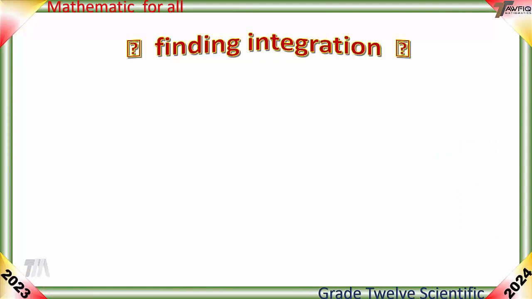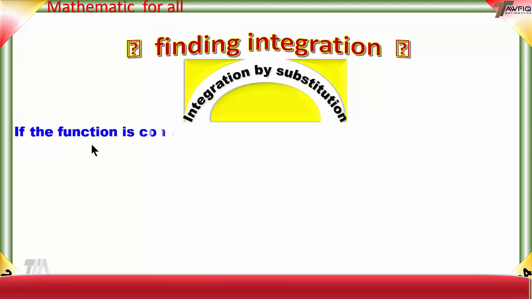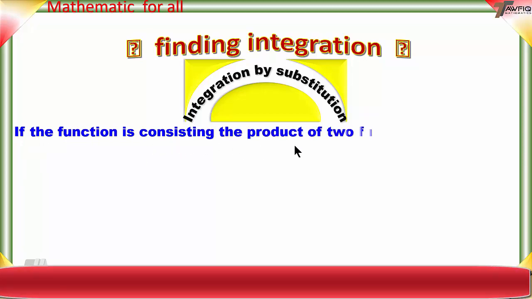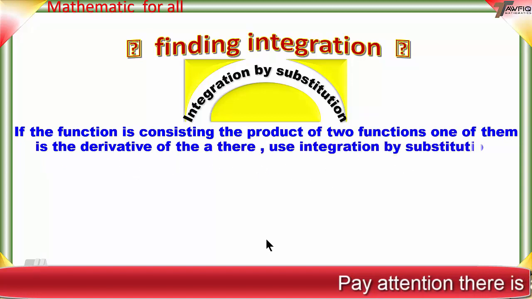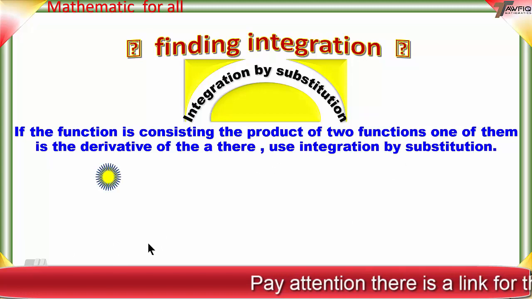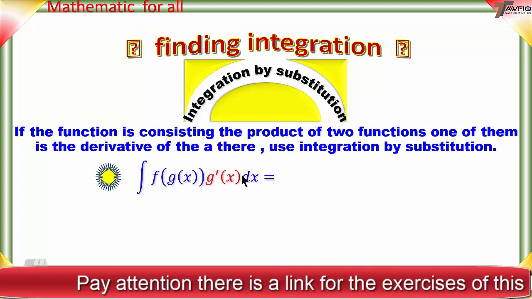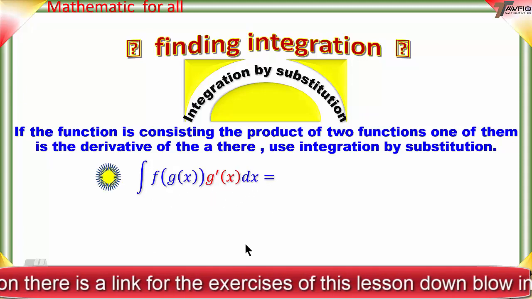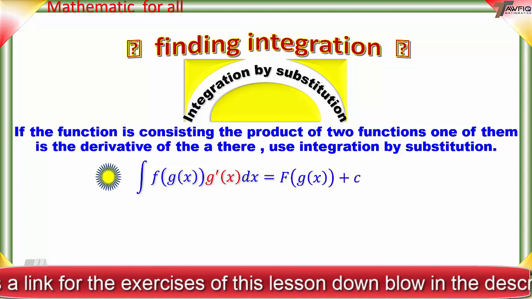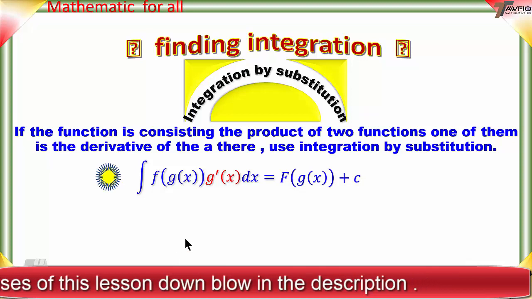Finding integration: integration by substitution. If the function consists of the product of two functions, one of them being the derivative of the other, use integration by substitution. If we have the integration of f of g of x times the derivative of g of x dx, it is equal to the original function f of g of x plus c.